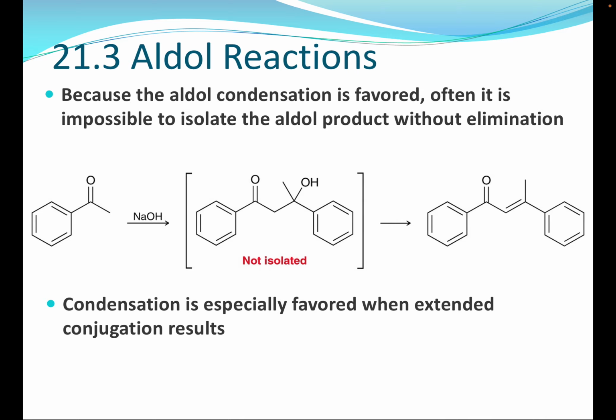So we've talked about creating our beta hydroxy aldehyde, and the fact that we can do a condensation reaction afterwards. In reality, it can often be very difficult to isolate these beta hydroxy compounds. And in fact, a lot of times they're not isolated at all, the way that I have it designated on this slide.